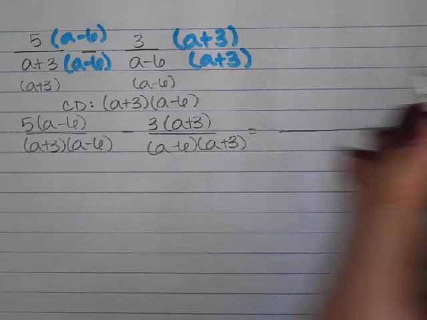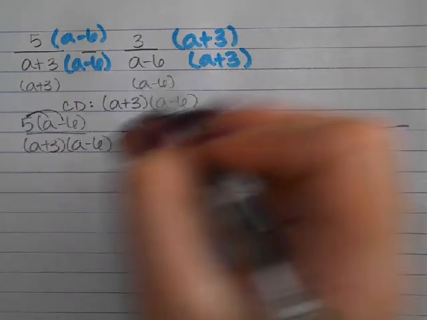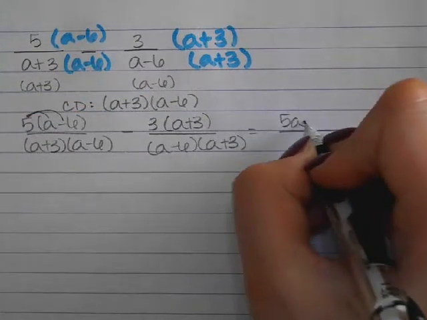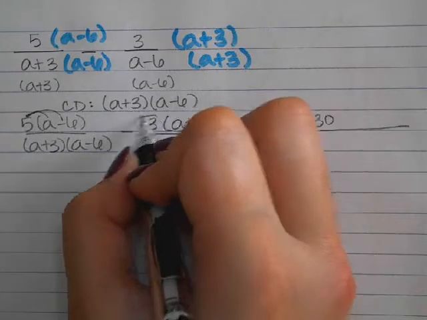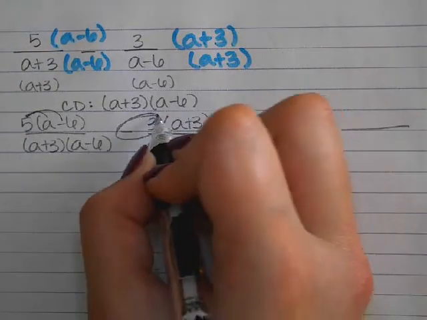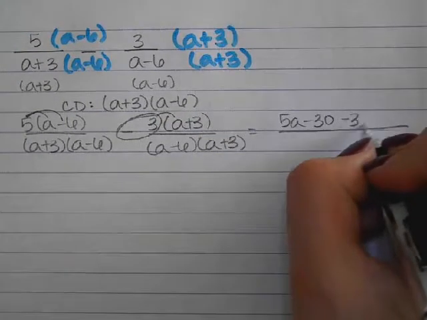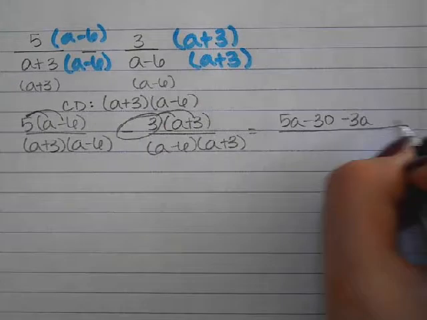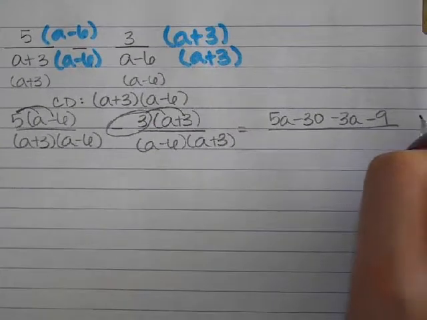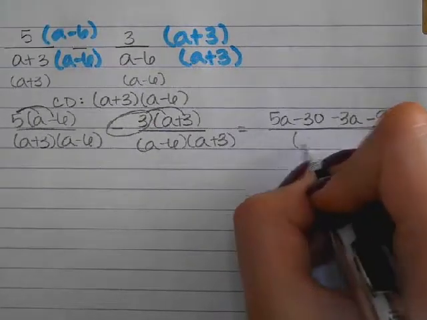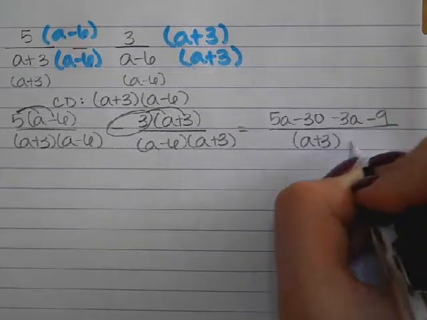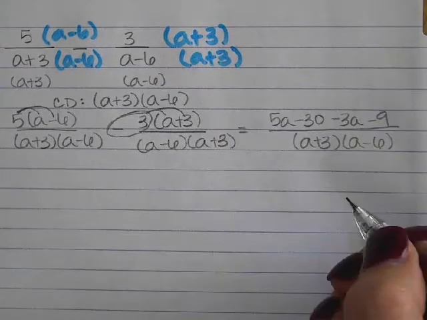So on the top, I have 5a minus 30. And then here, I have negative 3a minus 9. And I have that common denominator of a plus 3, a minus 6.